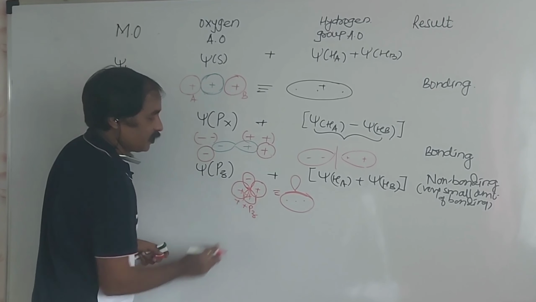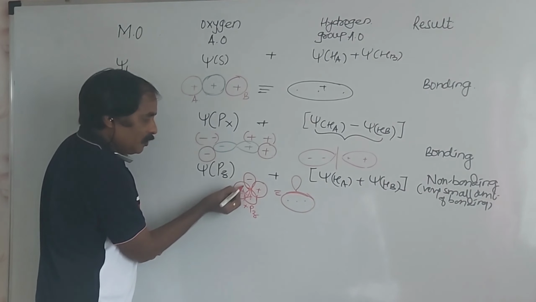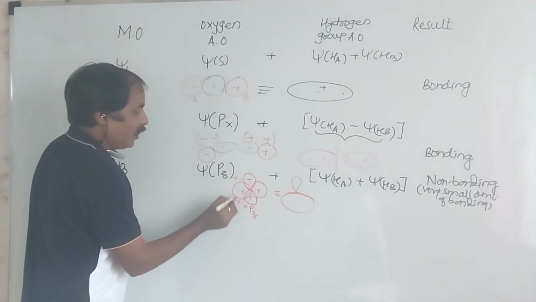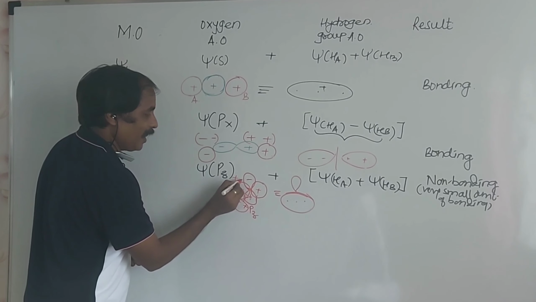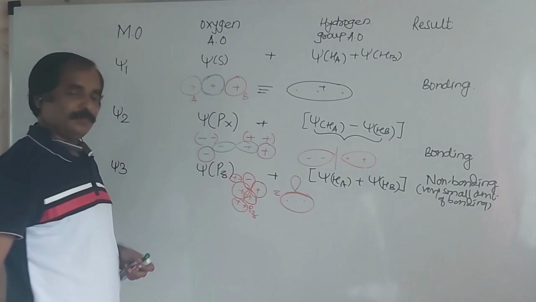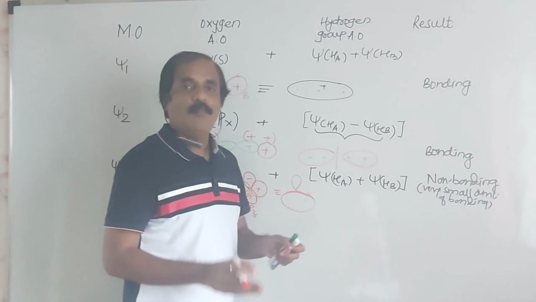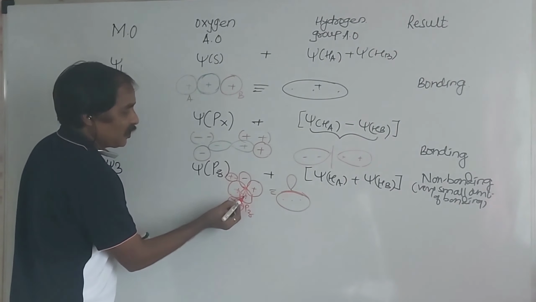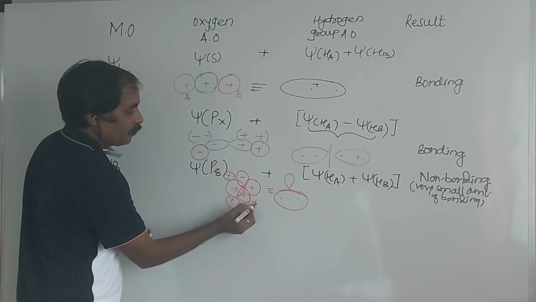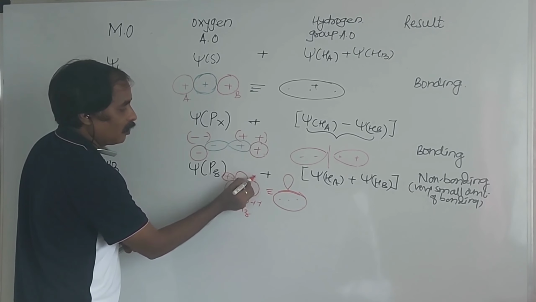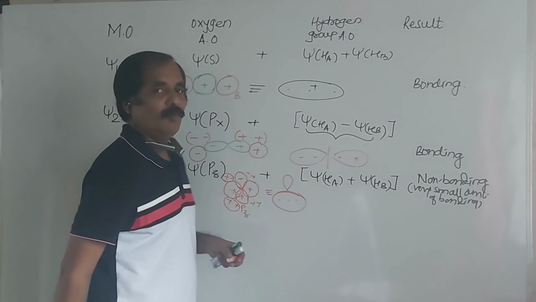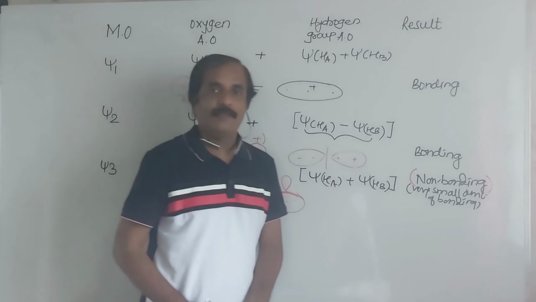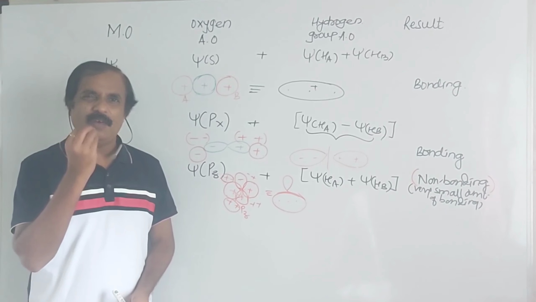Here it is positive. But to this side, there is a positive-negative addition. Yani, this positive addition is subtracted by the positive-negative addition. And we know that when a positive overlap is neutralized by negative, non-bonding is formed. Exactly the same here, it is positive, but here positive, negative. And here formation of what? Non-bonding. So this is nearly non-bonding, or a very trace amount of bonding is there, only little overlapping is there.